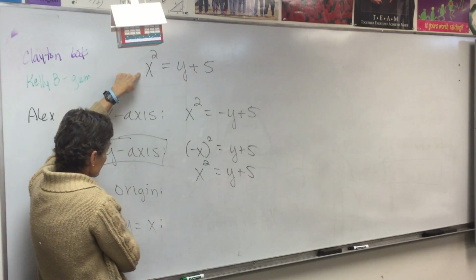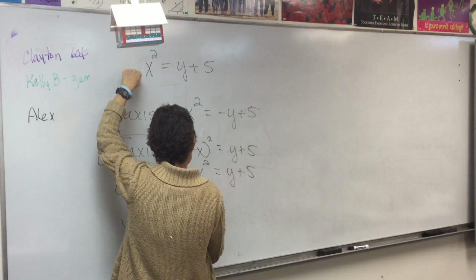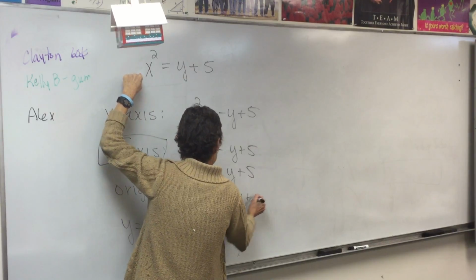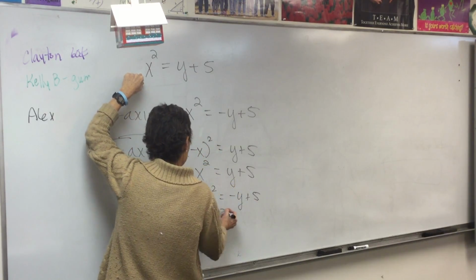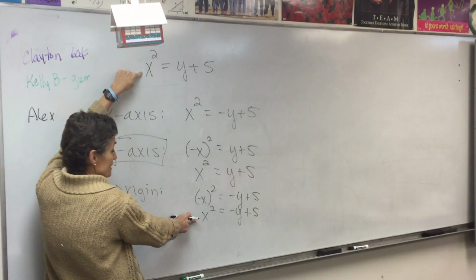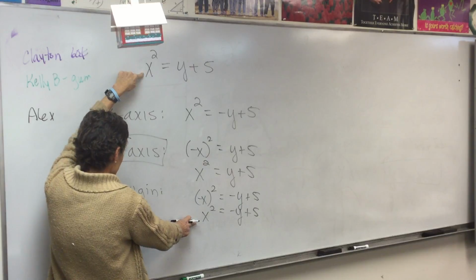To test for symmetry about the origin, we change the sign on both. And when I simplify that, I see that it is not the same as the original. So it does not have that symmetry.